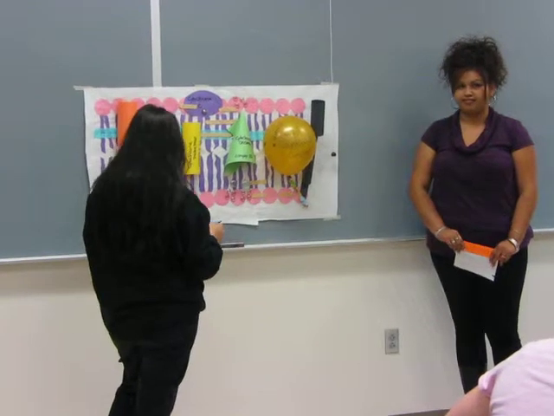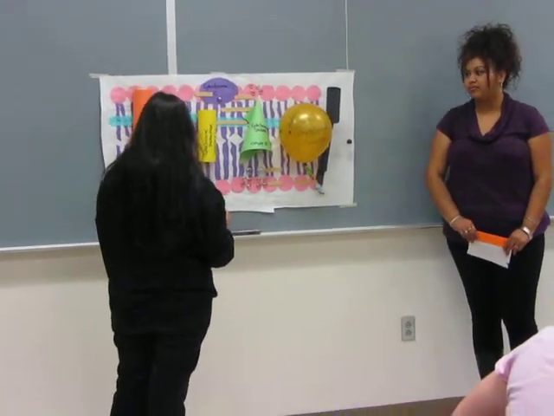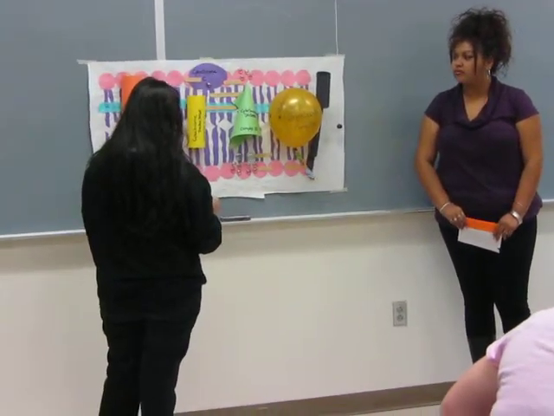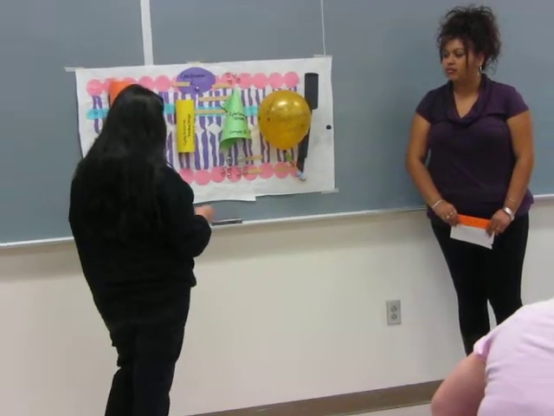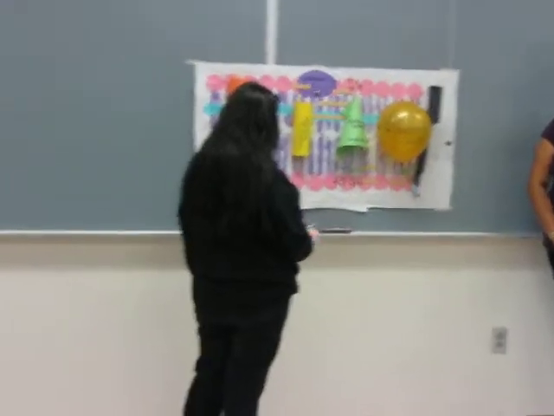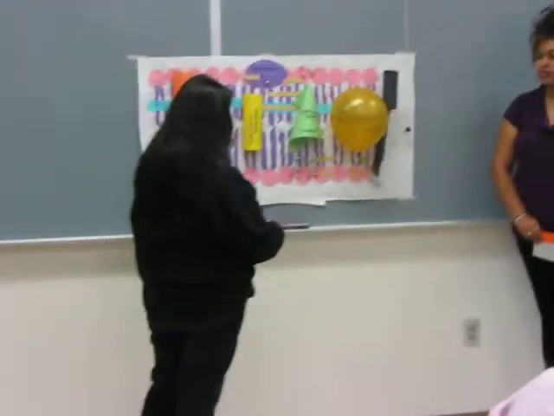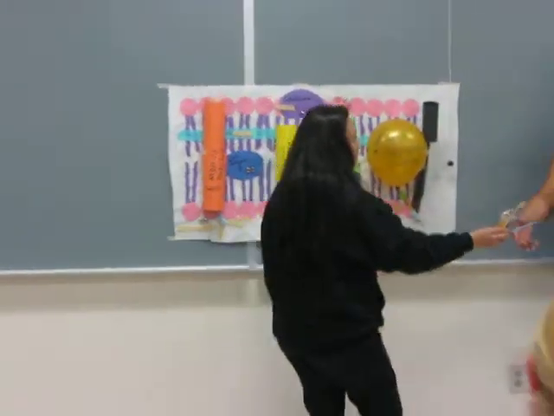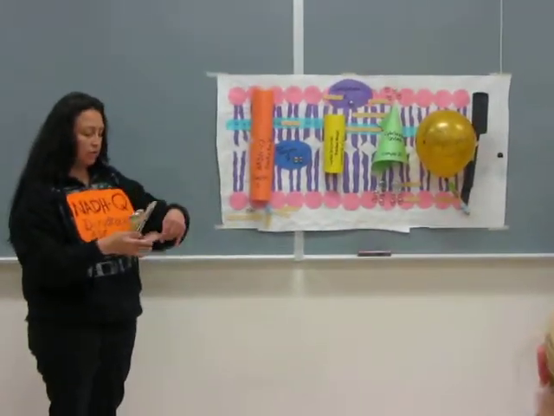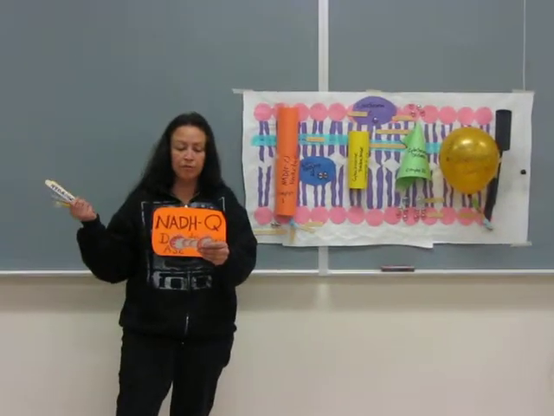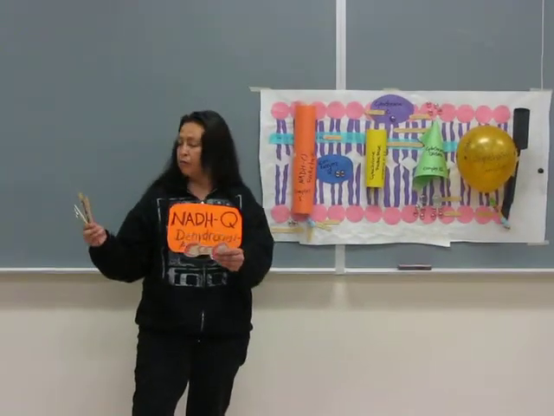I'm explaining the NADH Q reductase, or the dehydrogenase. This is the NADH that was created when the two electrons were removed from the pyruvate.